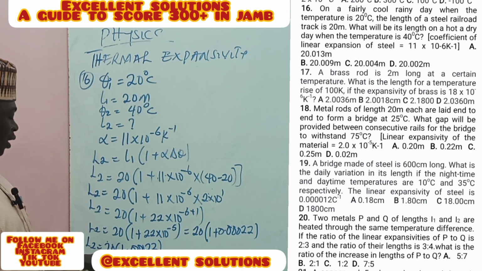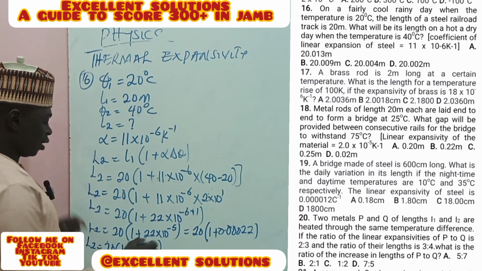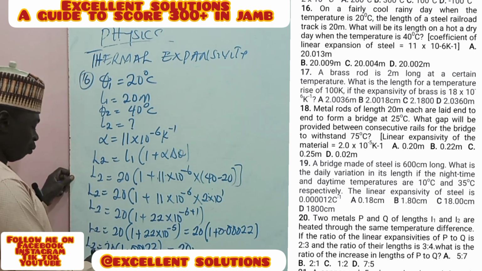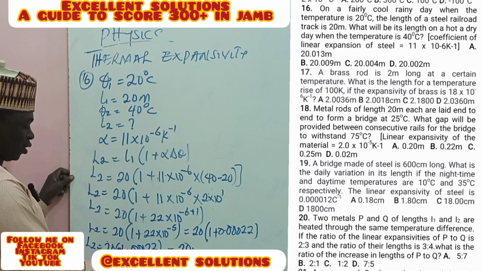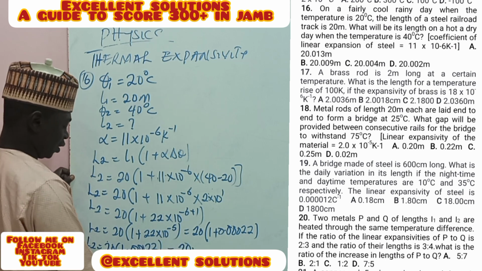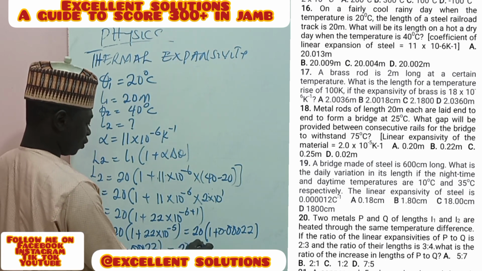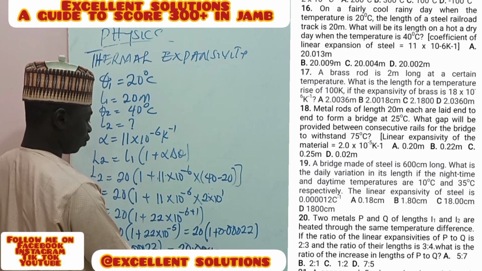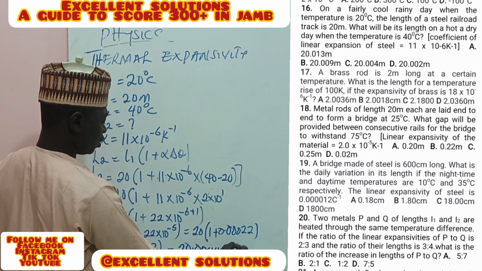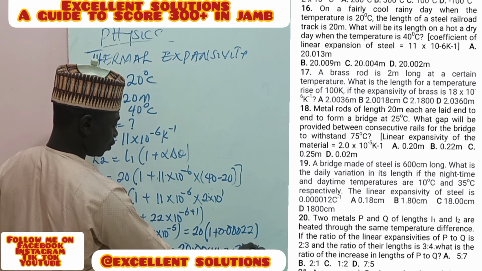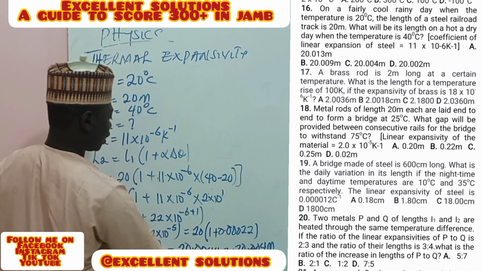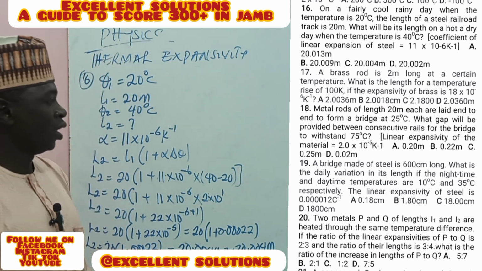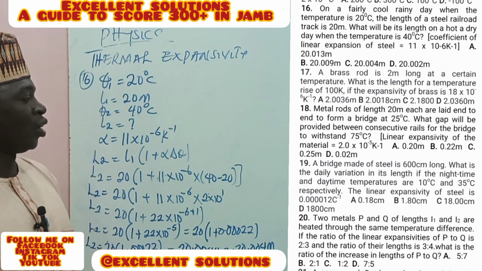If we multiply 20 by 1, we get 20. Multiplying 20 by the 0.00022, the zeros cancel, and 2 times 2 we have 4, which is the same as 20.004 meters. So the new length is 20.004 meters, and if you look at our options, we have it in option C, 20.004 meters.